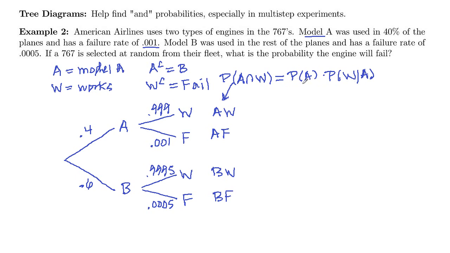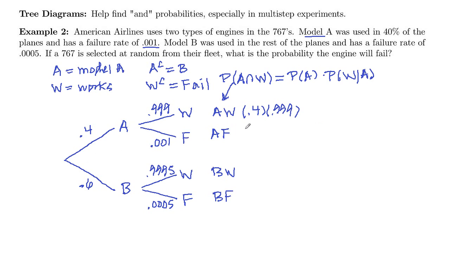So the probability it's an A engine right there, 0.4. Probability it works given an A engine, so it's given that it's A, probability it works, 0.999 right there. So we just multiply on the branches. So this is the multiplication rule. 0.4 times 0.999. And do that for the rest of the outcomes.